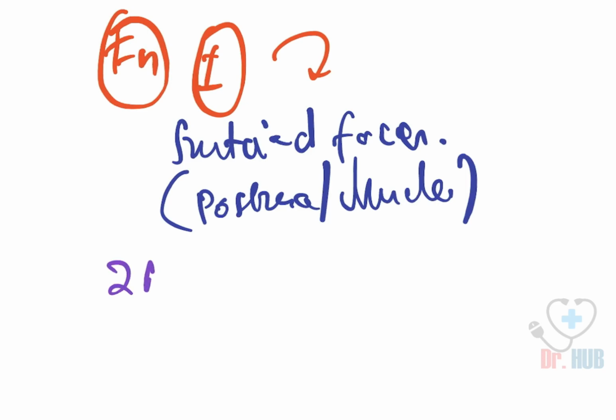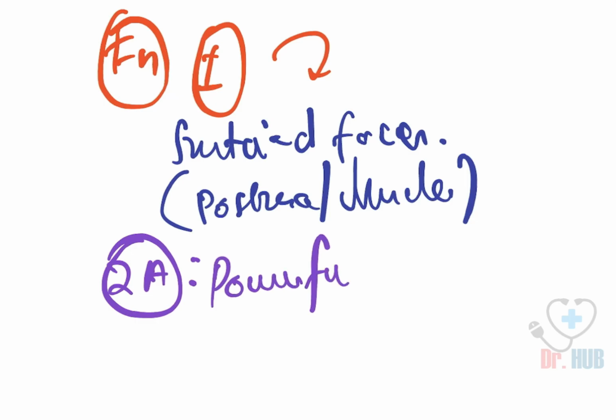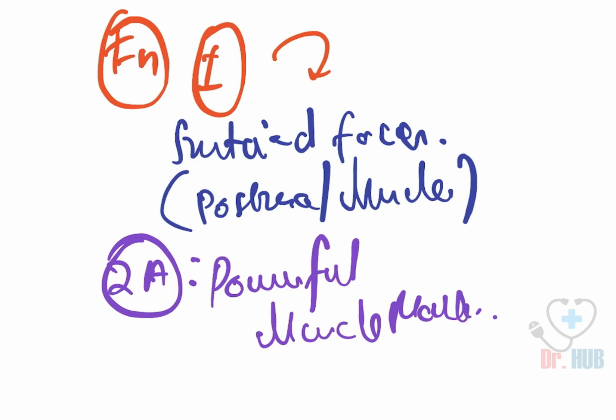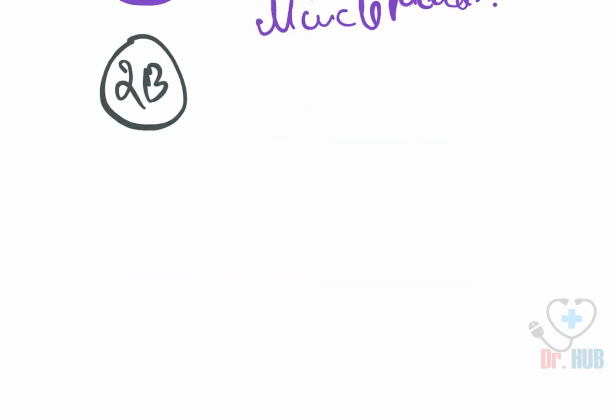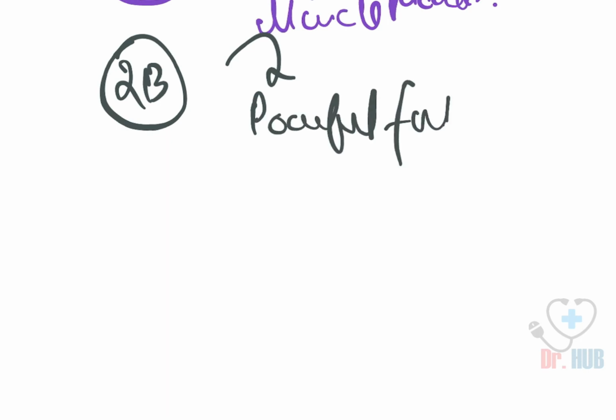Next, type 2A is the powerful muscle movements. Then type 2B is the powerful fast movements.